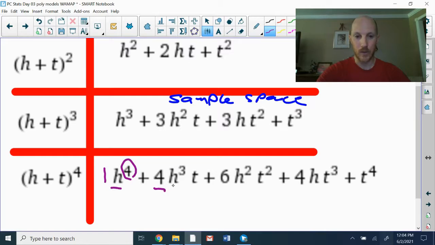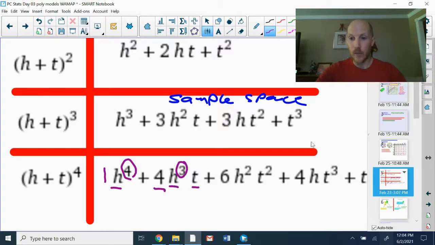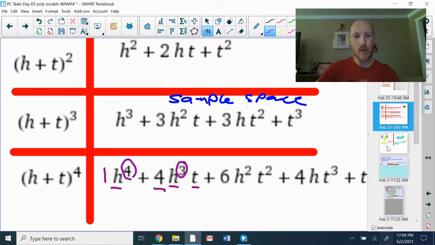There are 4 outcomes to get heads on 3 of the coins and tails on 1 of the coins, and so on. So the coefficient is telling us the frequency, and then the variables and exponents are telling us the specifics of the outcome, which is essentially what we use a polynomial model to do. So this polynomial model, we didn't know it by that name, had different outcomes. We assigned them different variables, an H for heads and a T for tails. And so today we're going to look at numerical outcomes like you saw in the do now.